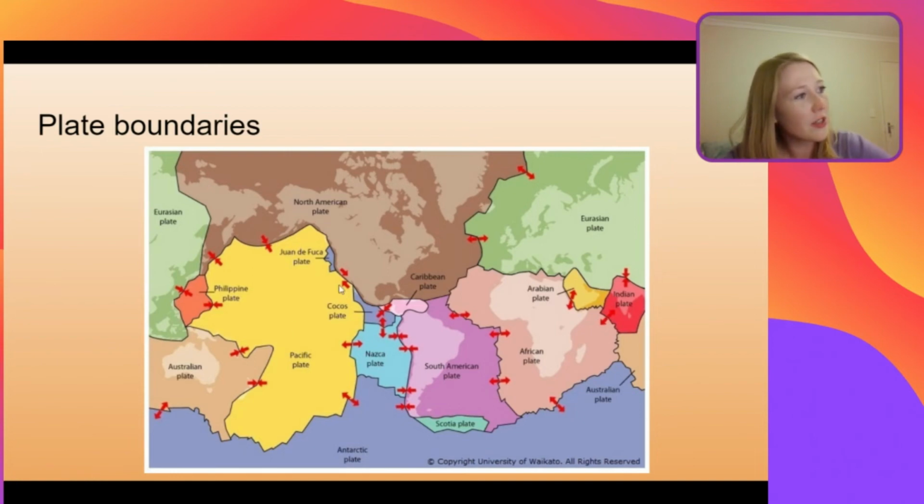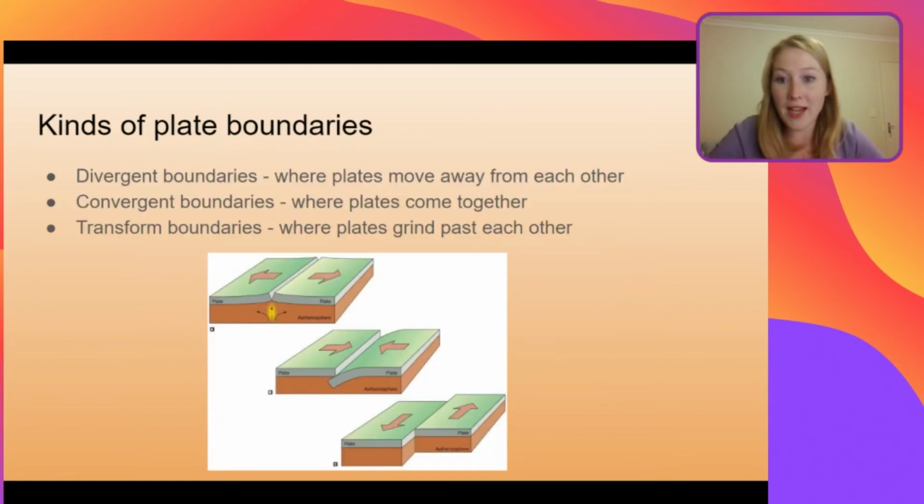And along the sides, where it's not necessarily moving towards or away from, it's moving in the opposite direction. They're moving parallel. Those are transform boundaries. So we have divergent boundaries, that is separate. We have convergent boundaries, that's when they meet and they collide, and transform boundaries when they move in opposite directions.